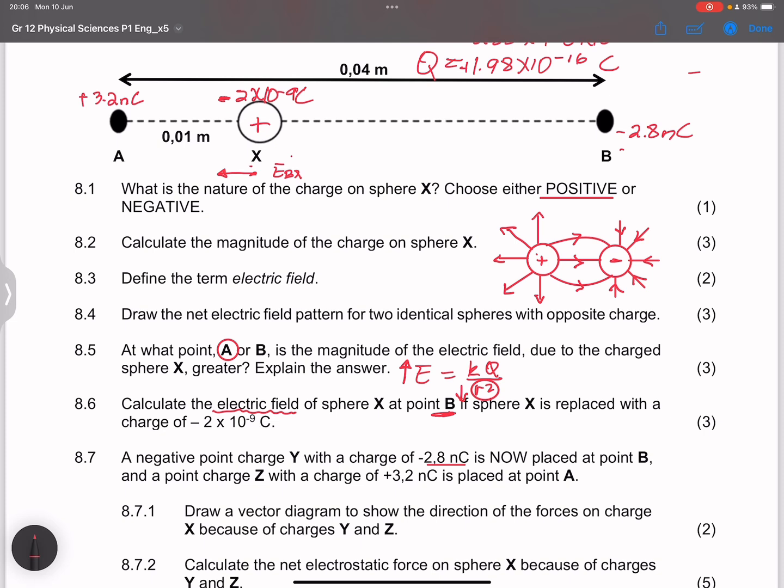Okay, so this is the force because of A, and I said E there instead of F. So this is the force between B and X, this is the force between A and X. Okay, so I'm expecting the force between A and X to be much bigger because of that distance.